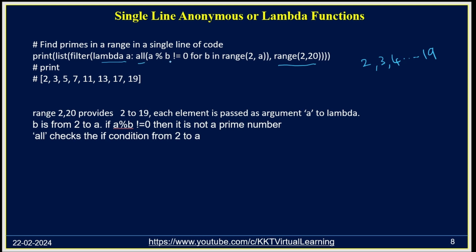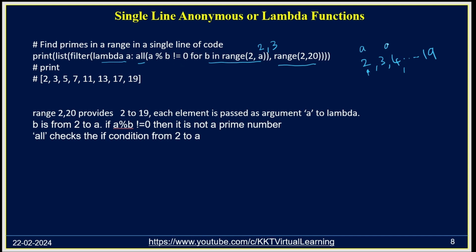So all will check the complete range of B, that is B in range 2 comma A. For example, if A is 4, it will check 2 comma 3, so B will be 2 comma 3. Now it checks A remainder B not equal to 0. If the remainder is not 0, it is a prime number.